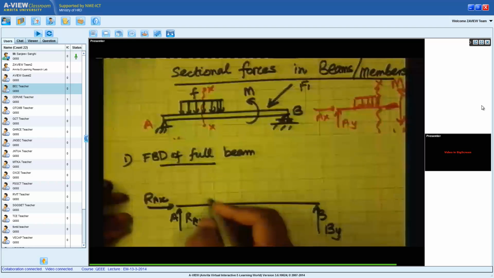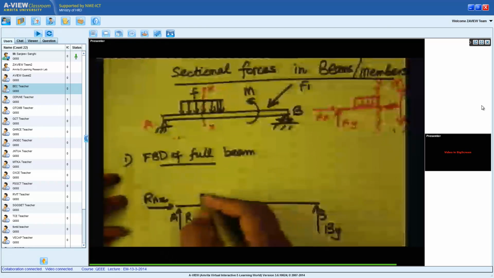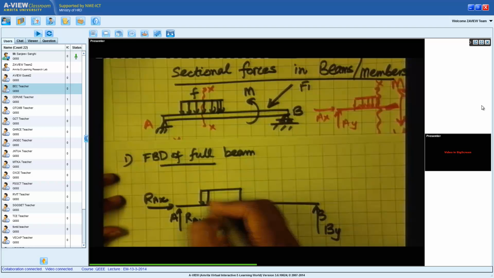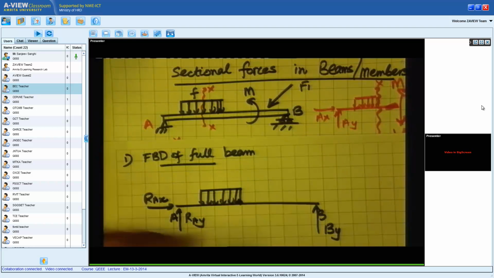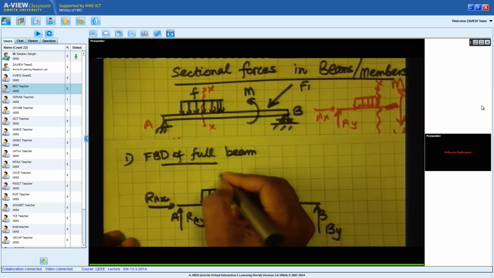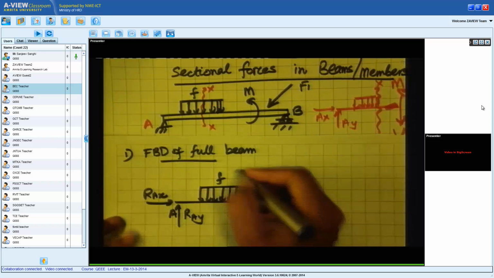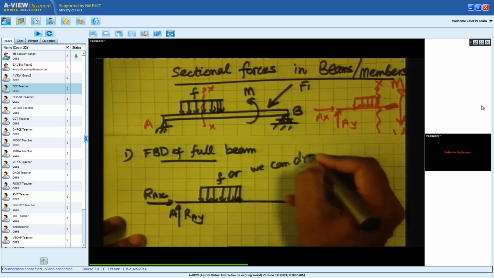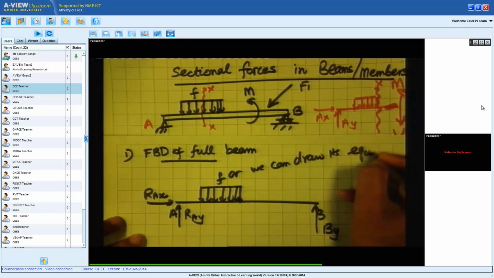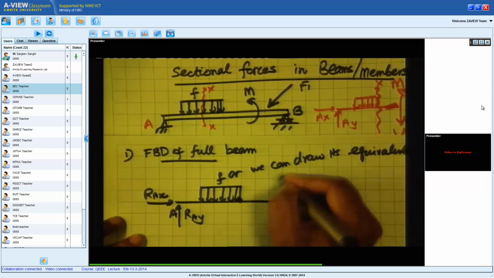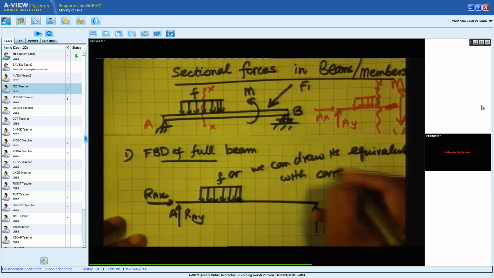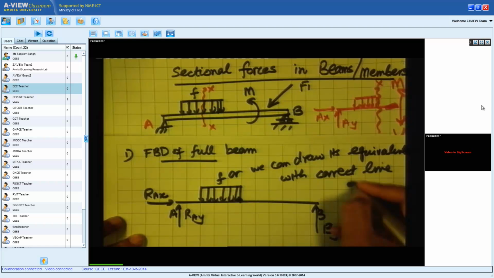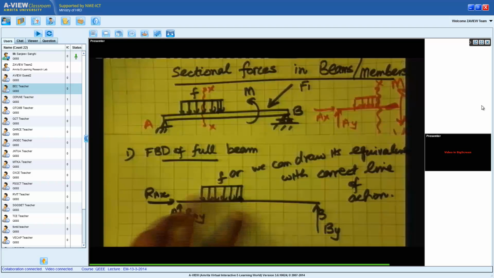And then when we draw the full free body diagram, either I can show this force as it is, this small f which is force per unit length, or we can draw its equivalent with the correct line of action.